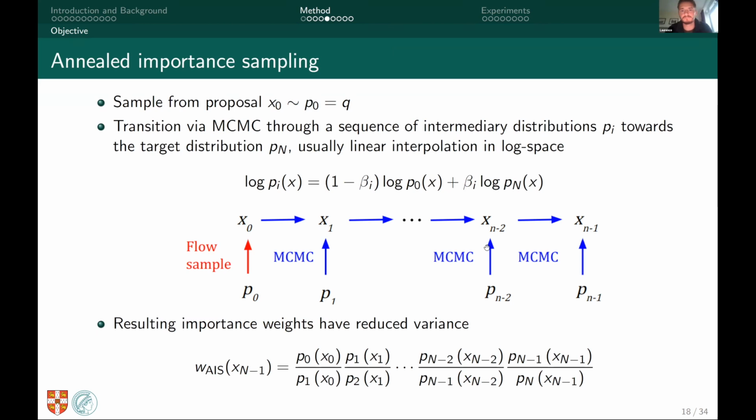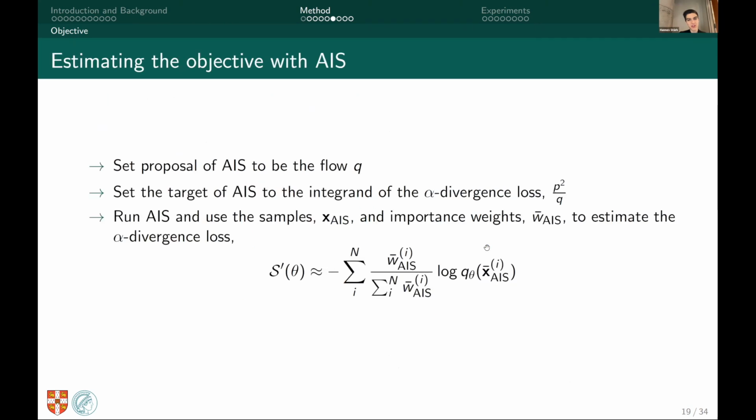Okay, cool. But now we have this procedure. We get our samples from the normalizing flow. We change the samples further with annealed importance sampling while keeping track of all the importance weight updates, and then we have this objective here. So this objective is for the alpha equals 2 divergence.